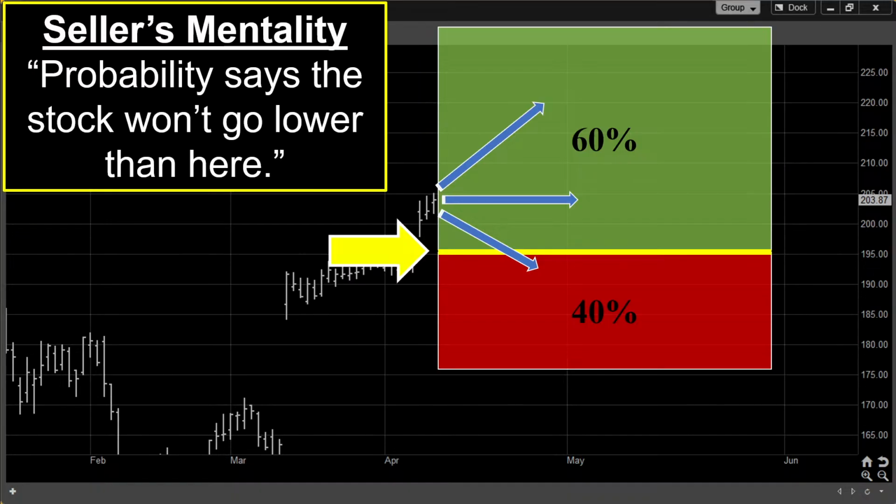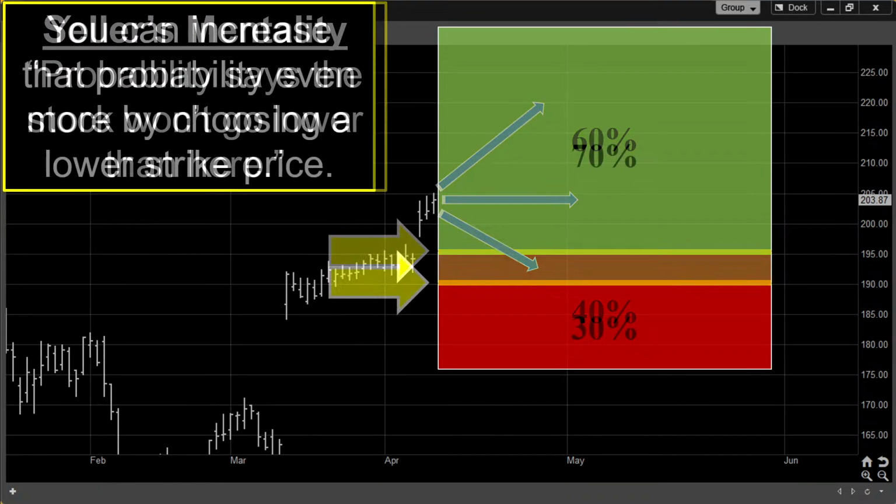In this case, I'm showing you where that arrow is, about $195 a share. The stock is at $203.87. You pick that price underneath the stock. If the stock goes up, you win. But if the stock goes sideways, you also win. The stock can even come down a little and you still make money. Right from the very start, probability is put in your favor.